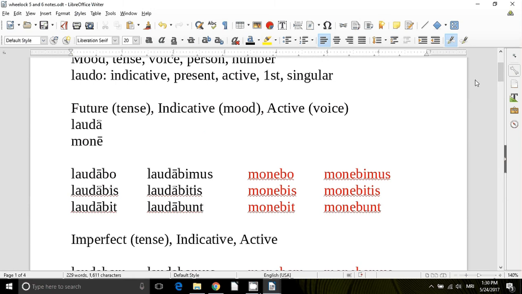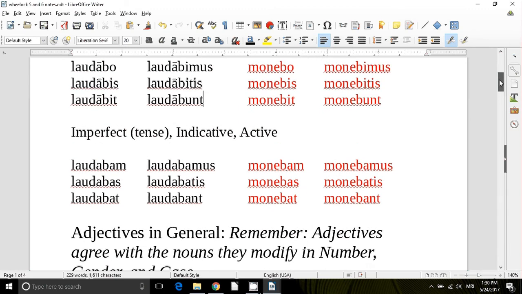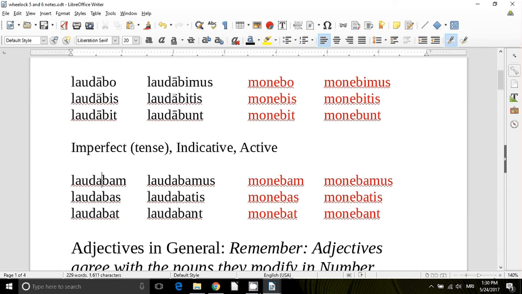The imperfect, which is a past tense, is formed on the same stem, lauda for first conjugation verbs, and mone for second conjugation verbs, and the endings are bam, bas, bat, bamus, batis, bant.